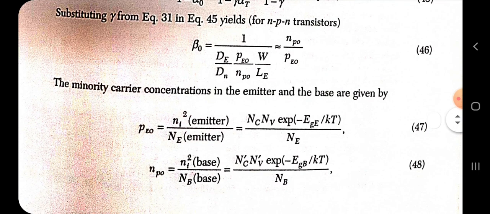The minority carrier concentrations in the emitter and base are given by PE0 equal to Ni square emitter divided by Ne emitter. This is equal to NC NV exponential of minus Eg by kT divided by Ne. NP0 is equal to Ni square base divided by Nv base. This is equal to Nc dash Nv dash exponential of minus Egb divided by kT divided by Nv.